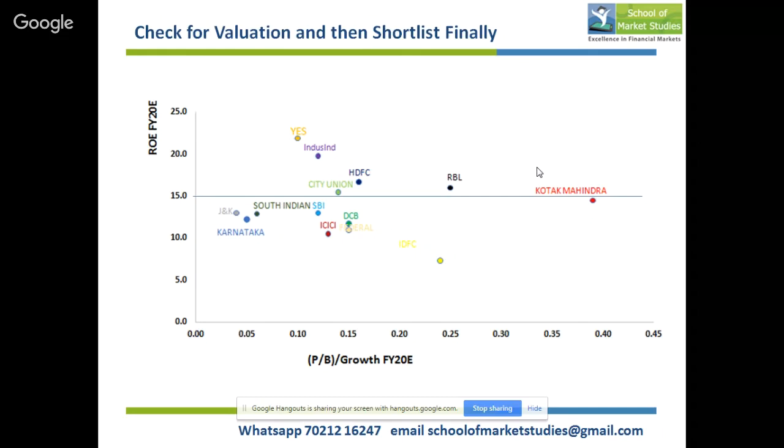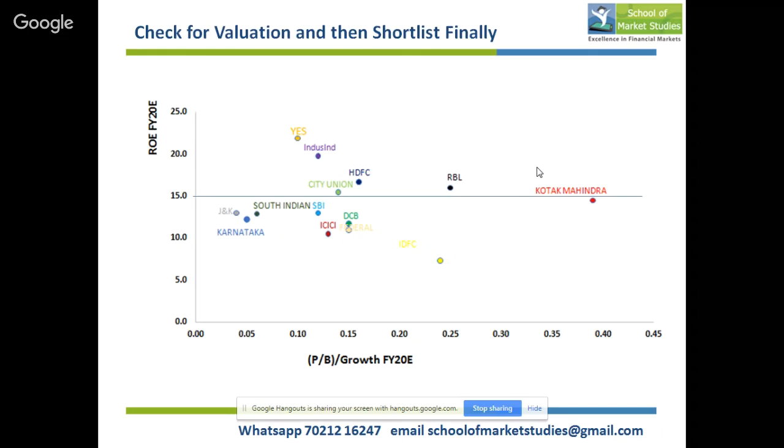So we have now shortlisted our universe to HDFC Bank, Kotak Bank, RBL, and CUB, and of course IndusInd. So we have five banks now. HDFC and Kotak are large size banks, IndusInd is a mid size bank, RBL is a fast growing emerging bank, and CUB is a small bank.